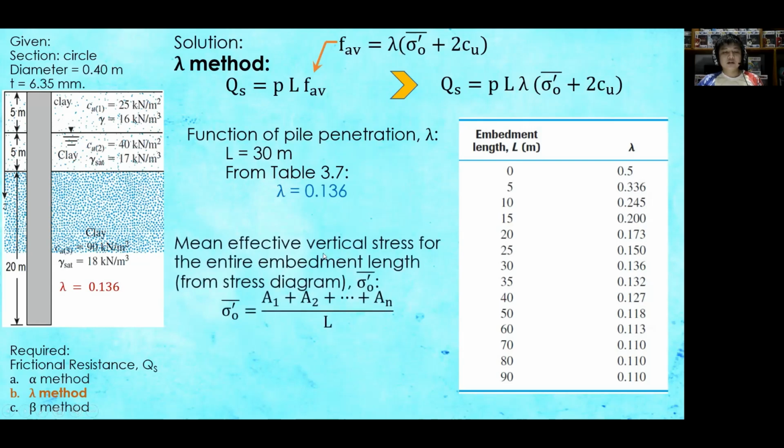Then, for the mean effective vertical stress for the entire embedment length, from the stress diagram, so we need to draw the stress diagram. So the sigma O prime bar is equal to A1 plus A2 and so on up to the last area, divided by the total length.